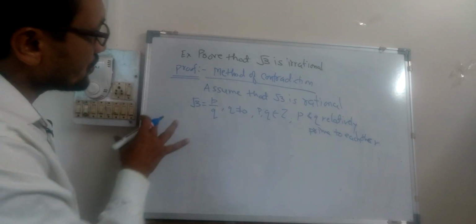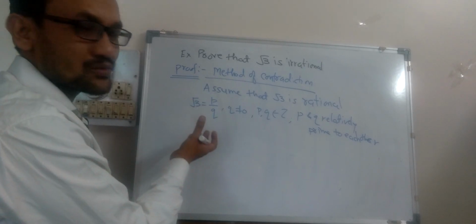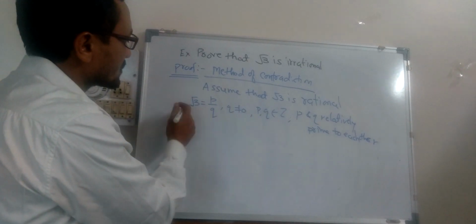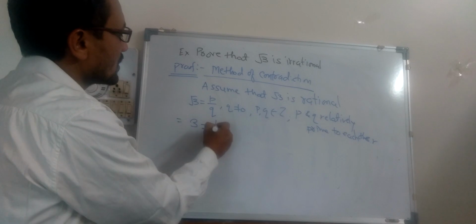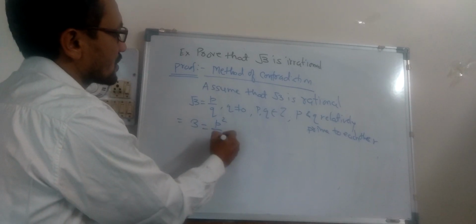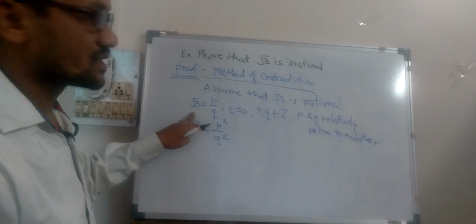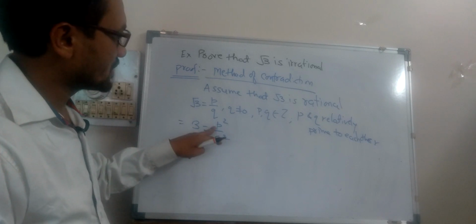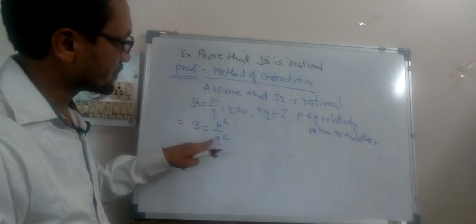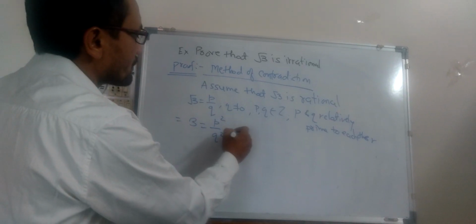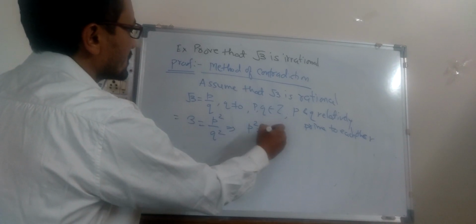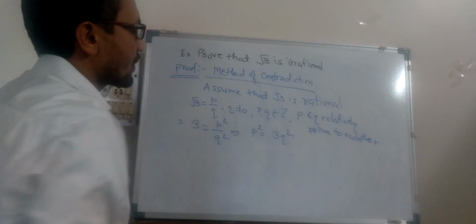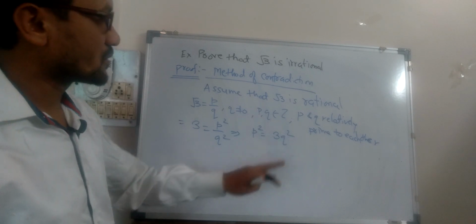Now √3 equals p by q. Taking square on both sides, 3 equals p square upon q square. √3 square is 3, and we get p square and q square. So this implies p square equals thrice q square. What is the meaning of p square equal to 3q square, where p and q are integers?